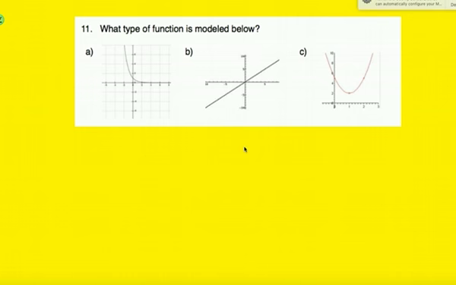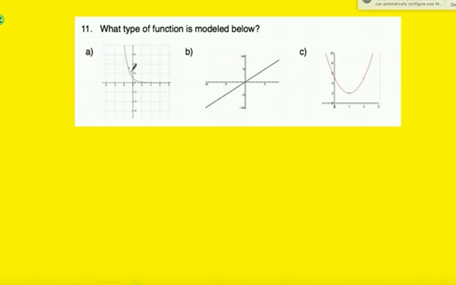So on A, we can see that the graph has a slight curve to it. We can also see that it starts to kind of level out right at the x-axis. Because it has a slight curve to it, we can automatically eliminate linear function.